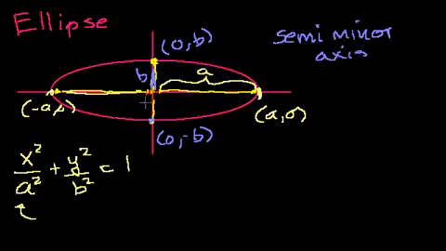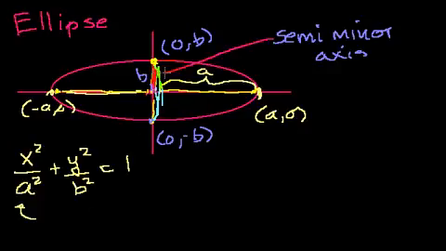And where did that word come from? Well, if this whole thing is your minor axis, or maybe you could call it your minor diameter, it's called minor because it's the shortest of all of the diameters of this ellipse, and then the semi is half of that, right? Semi, just for half. So b is the length of the semi-minor axis.